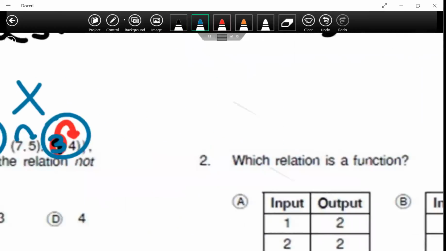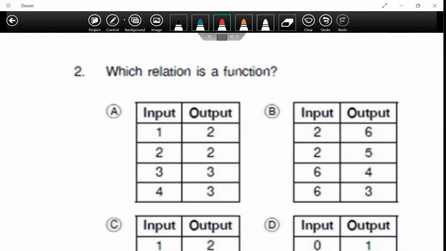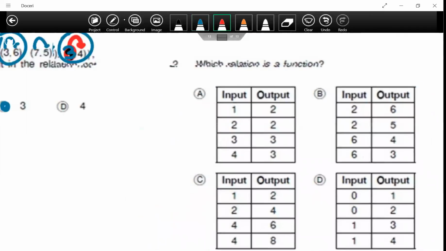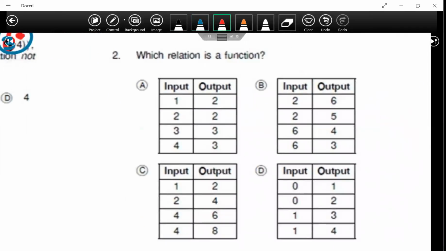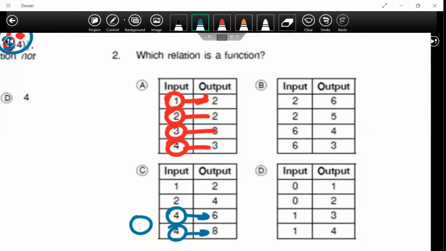Okay, the one right next to it, it's telling me which relation is a function. 1 goes to 2, which is fine. 2 goes to 2. 3 goes to 3. 4 goes to 3. Each of them goes to its own. The second I have something like C, where 4 goes to 6, but 4 goes to 8, that would make it not a function. 1 x to 1 y only.